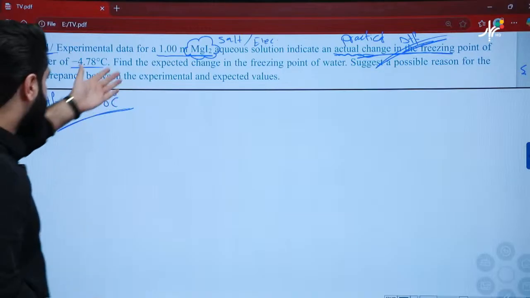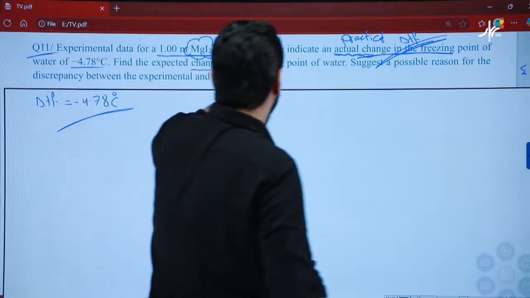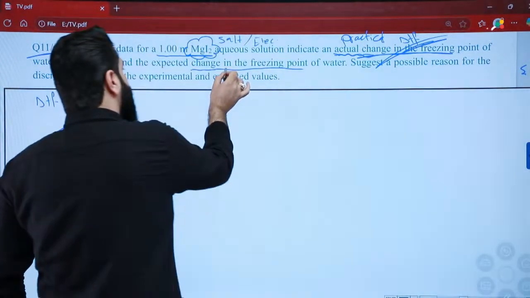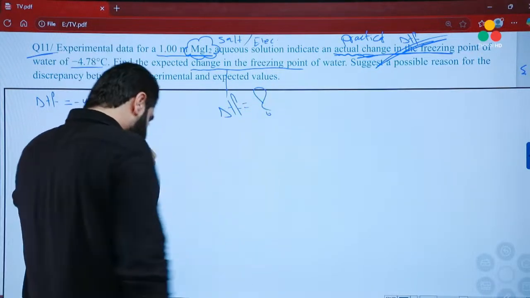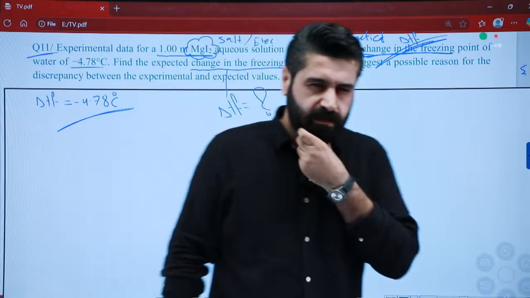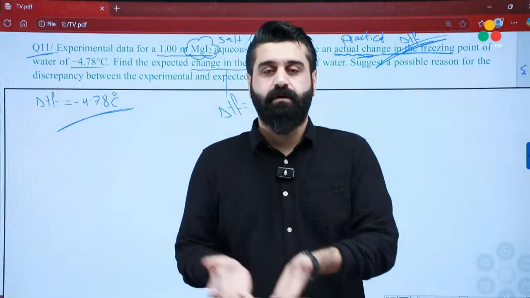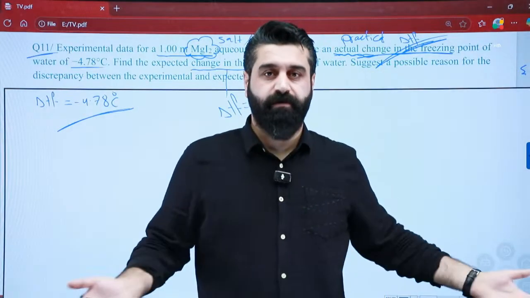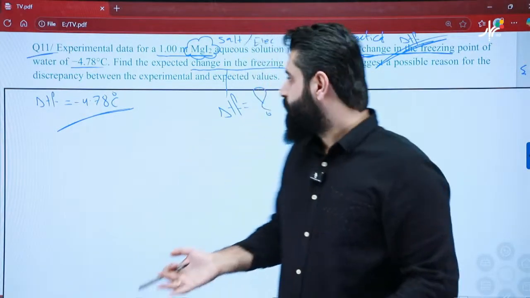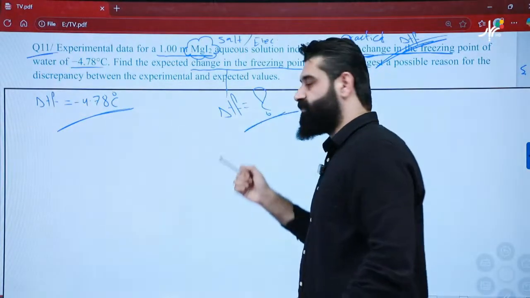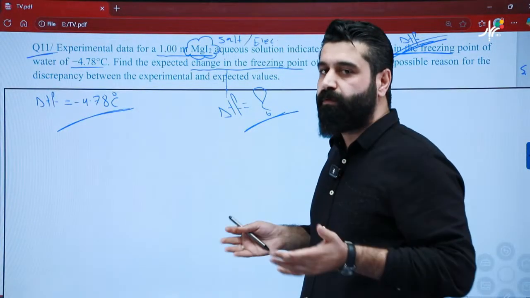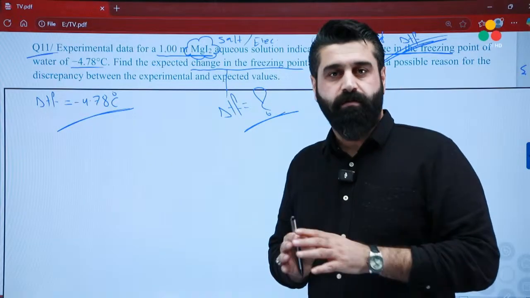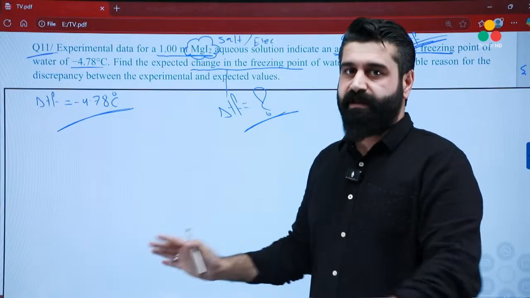Good. Find the expected change in the freezing point. Try to calculate the theoretical delta TF. What do I mean by the theoretical delta TF? It means use the rules that we have studied for the calculation of delta TF. Anything calculated using a rule must be theoretical, without lab, without any experimentation.